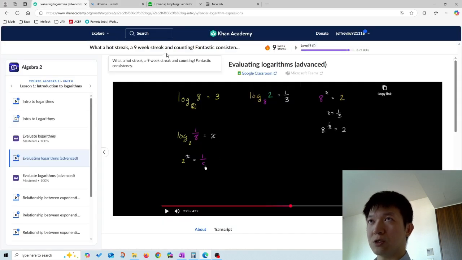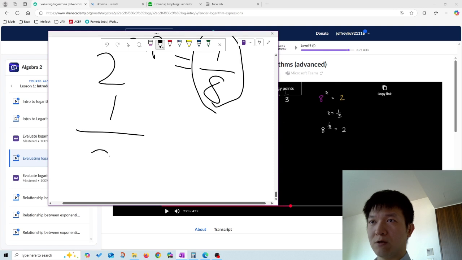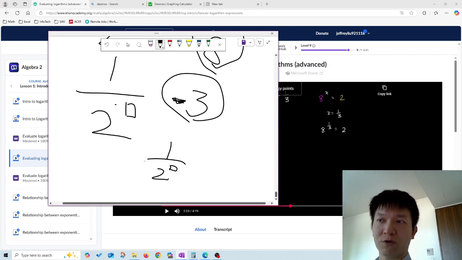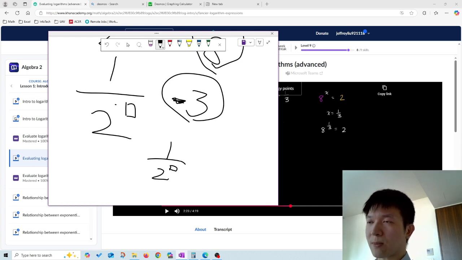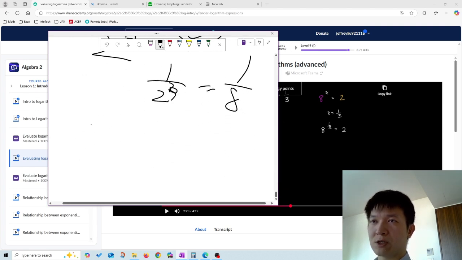So what we're trying to do here is figure out 2 to the power of something, and we're going to add a negative sign at the end. 2 to the power of something equals 1/8. Right, 2 to the power of -3, because 2 to the power of 3, 1 over that, is going to be 1/8, exactly what we want. So our answer is going to be -3.